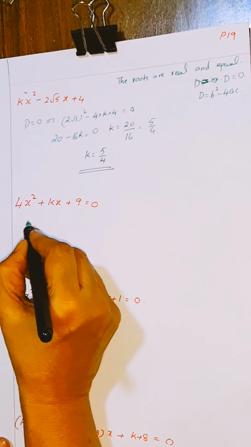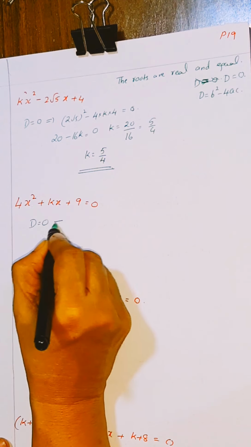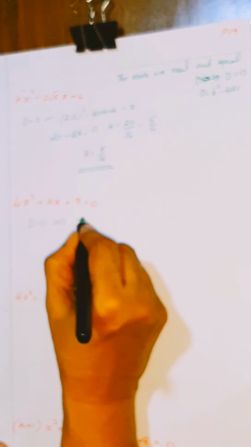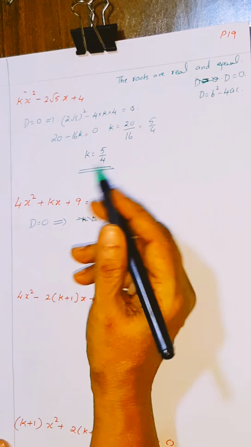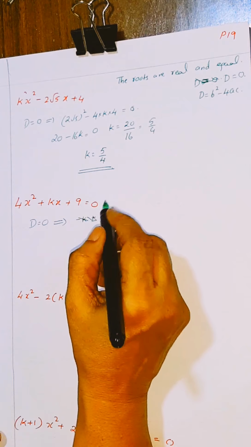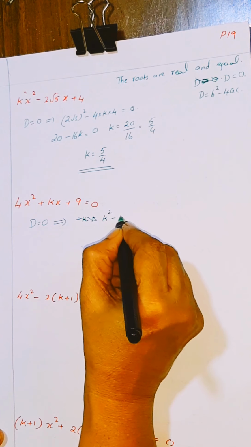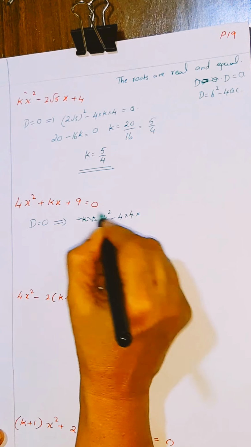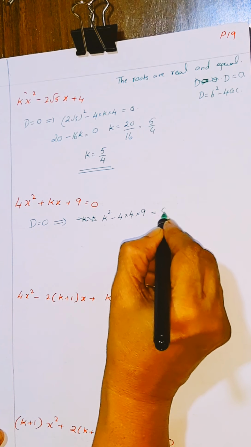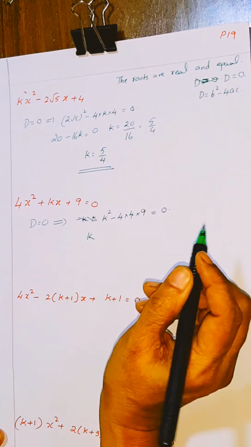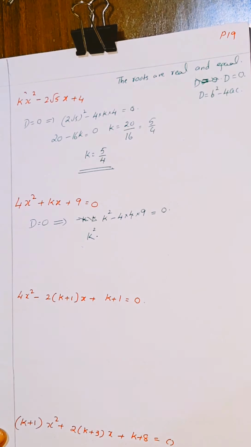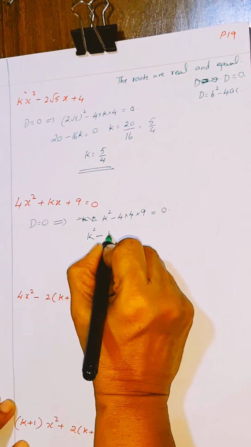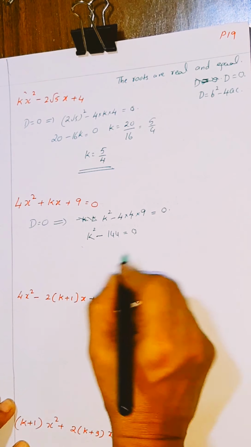Now in this again D is equal to 0. So minus b plus or minus, sorry, b squared minus 4ac, that's all we have to find. So b squared is k squared minus 4 into 4 into 9 equal to 0. So we get k squared minus 144 is equal to 0.